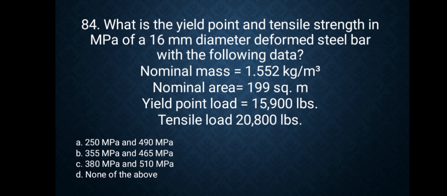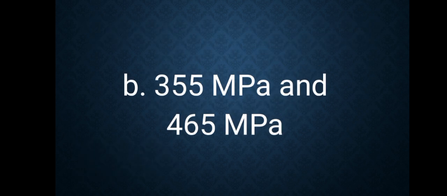Ang yield point load man mayon 15,900 lbs nga given. Ang tensile load man niya is mayon 20,800 lbs. So adi man may upat ang choices. So ang answer niya is B, 355 megapascal and 465 megapascal.